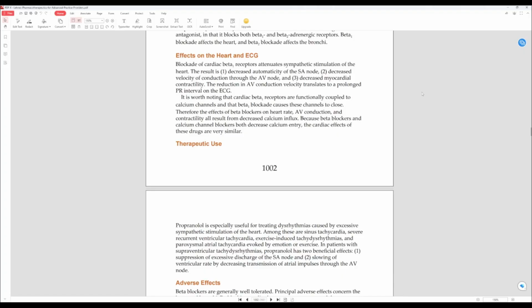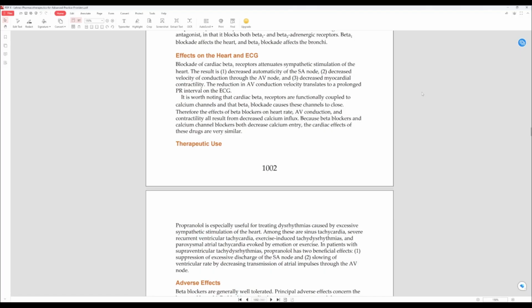Blockade of cardiac beta-1 receptors attenuates sympathetic stimulation of the heart. The result is a decreased automaticity of the SA node, decreased velocity of conduction through the AV node, and a decreased myocardial contractility. The reduction in AV conduction velocity translates to a prolonged PR interval on the EKG.